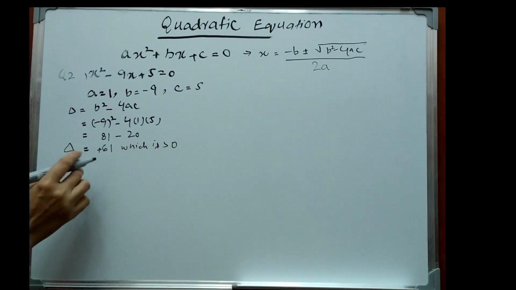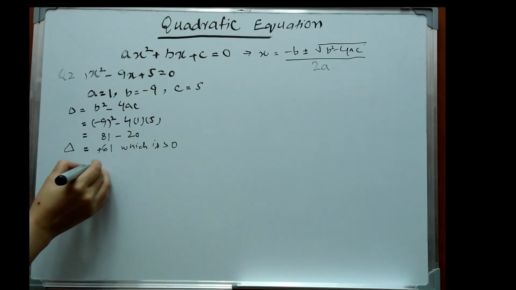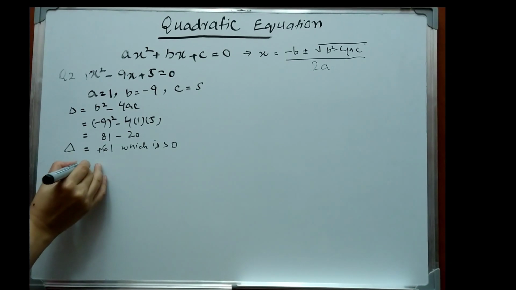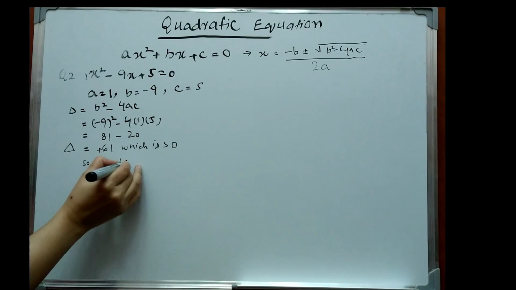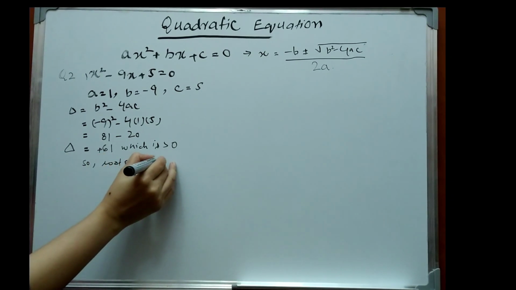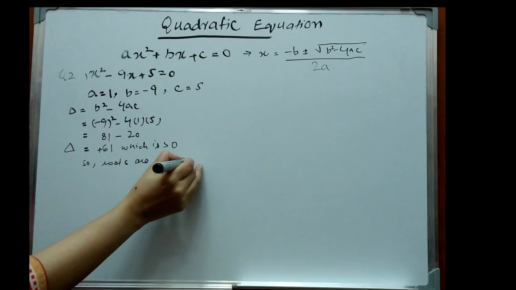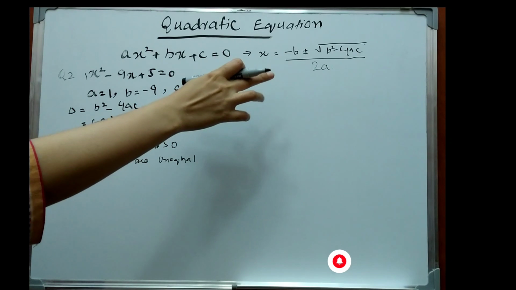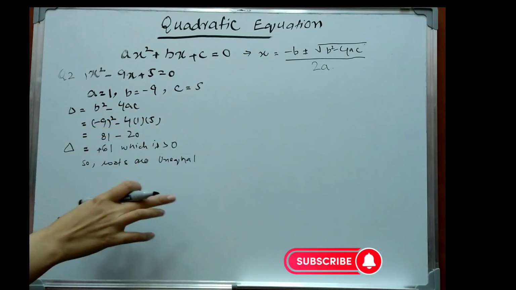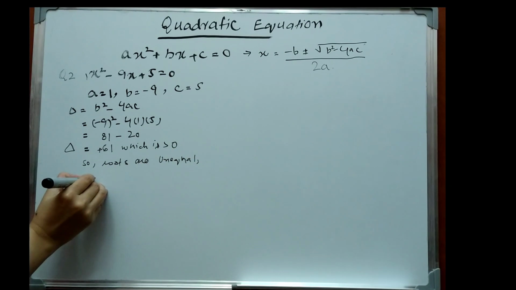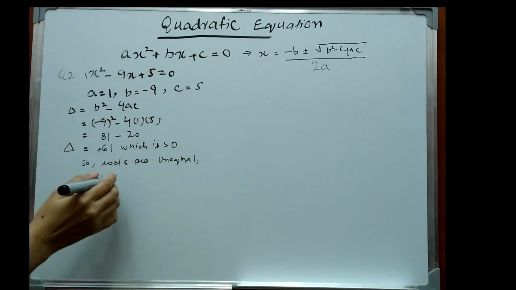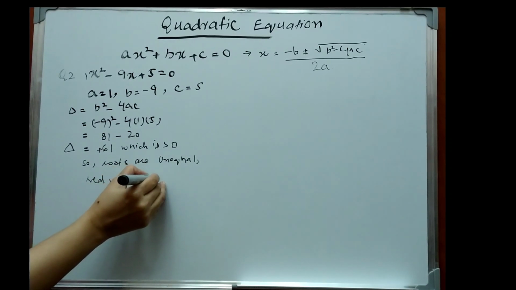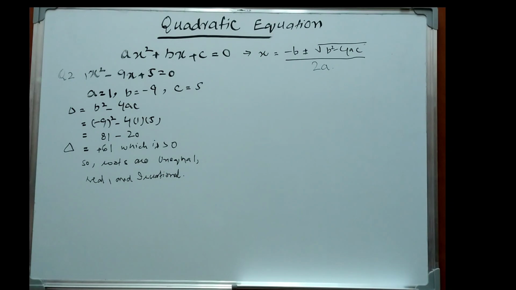Since 61 is not a perfect square and is greater than 0, the roots will be unequal, meaning both values of x from this formula are not equal, and real, and irrational, meaning they will be in square roots.